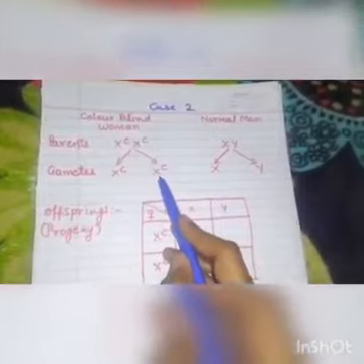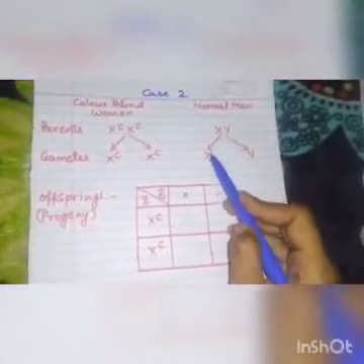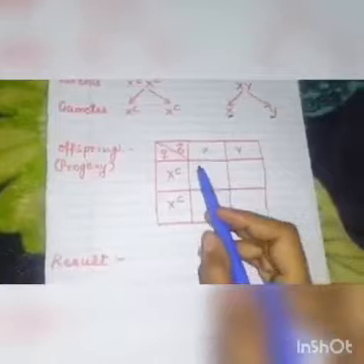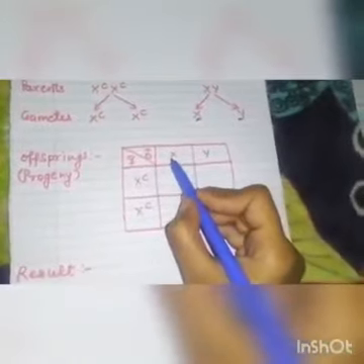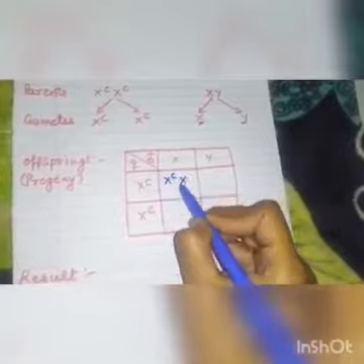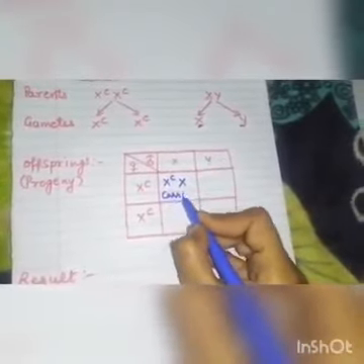The normal vision man has X and Y chromosomes. Normal vision, there is no color blindness in X. Okay. So next, if you see the offspring, here is the male X and Y, here is the female, both Xc and Xc. If you cross these two, Xc and X, that is the carrier female.